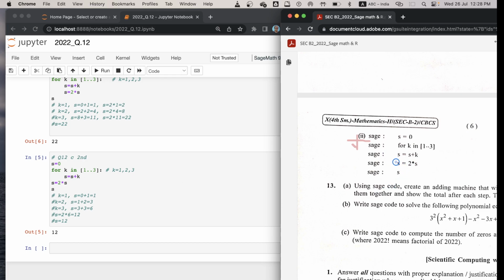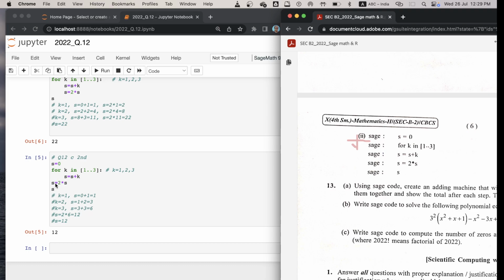And s equal to 2s is outside the for loop, so there is no indentation for it. So first k equal to 1, s equal to s plus k, 0 plus 1, this is 1, and when k equal to 2, s equal to previous 1 plus 2, so it is 3, and then k equal to 3, s equal to previous 3 plus 3, so 6.